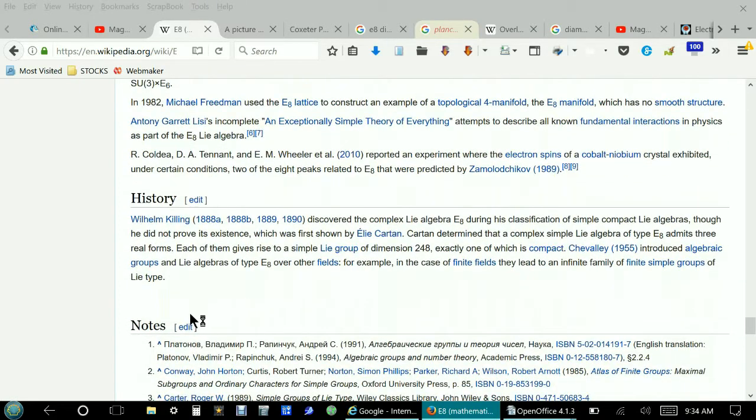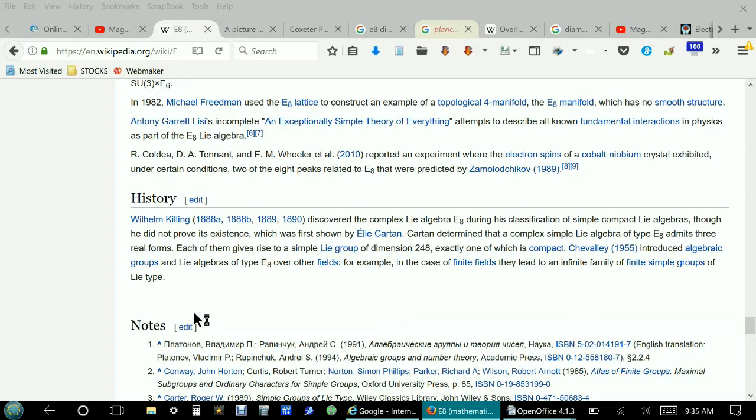So as we go down, I just want again to demonstrate that Wilhelm Killing, approximately 1888, discovered the complex Lie algebra E8 during his classification of simple compact Lie algebras. Though he did not prove its existence, which was shown by Élie Cartan, Cartan determined that the complex simple Lie algebra of type E8 admits 3 real forms.